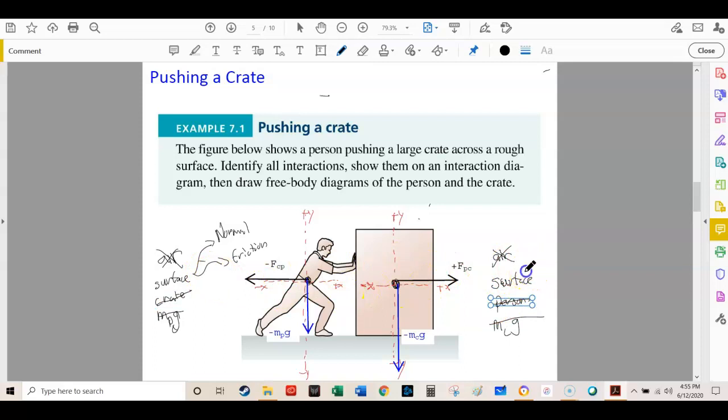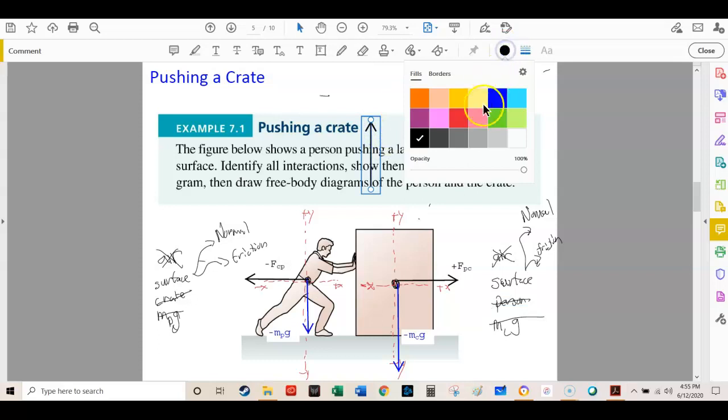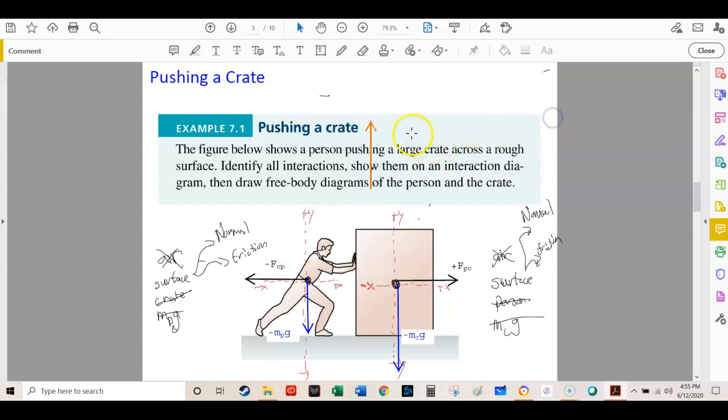And now we have to do the surface. Now the surface is going to be creating two things: a normal force on both objects, the ground holding it up, and also a frictional force, which is like a weird F, like a cursive F. But let's do the normal force first. Just for right now, the ground is going to be holding up exactly the weight of the person in this particular case. Okay? I'll use orange for that.